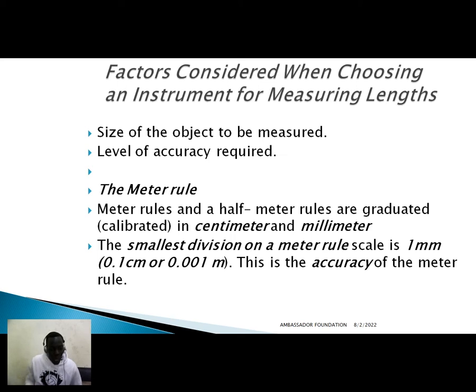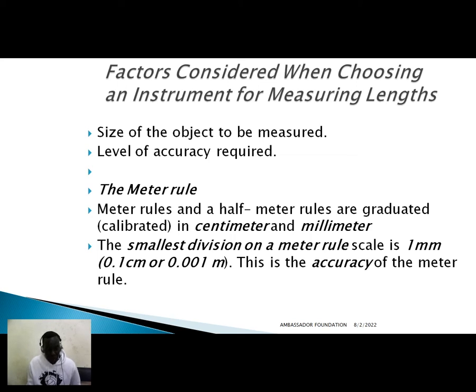But when using the side calibrated in centimeters, that is when we can read even up to 1 decimal place. You can get 11.1 centimeters, 11.2 centimeters, 11.3 centimeters, and so forth. So 0.1 centimeters or 1 millimeter is what we call the accuracy of the meter rule.